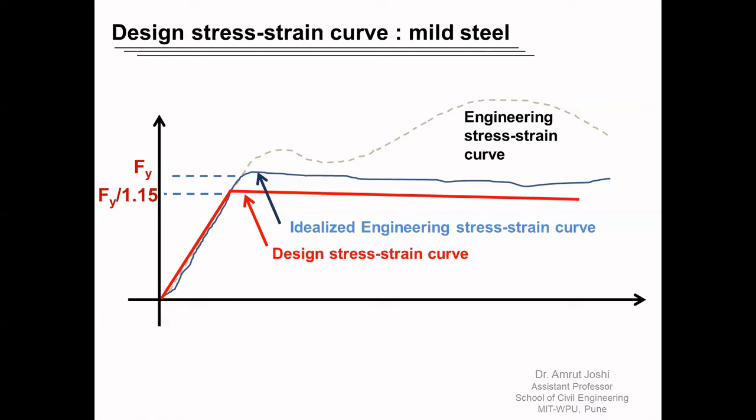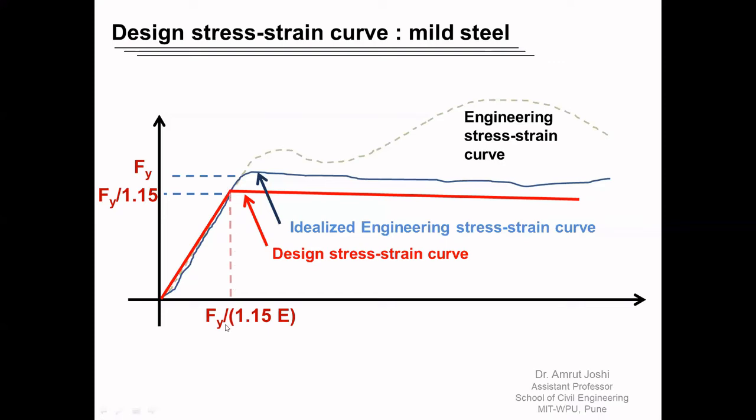The value of design yield stress will be the characteristic yield stress Fy divided by the partial safety factor for strength of steel, that is 1.15 as per IS 456-2000. So the design stress strain curve of mild steel looks something like this.